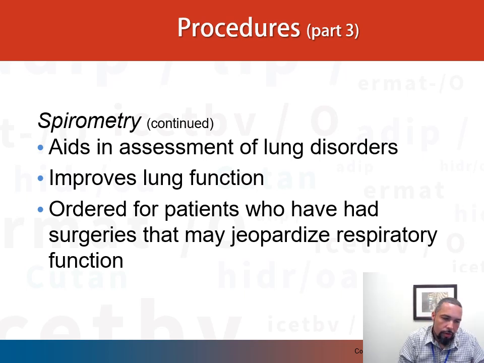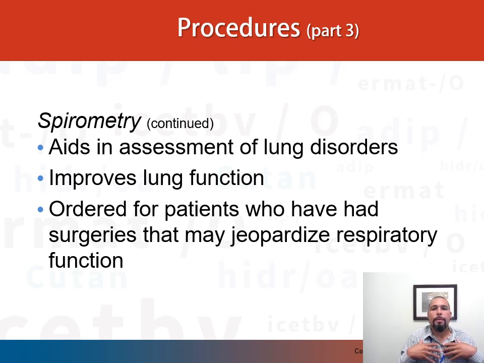So continuing with procedures, specifically spirometry, this procedure helps in assessing and diagnosing certain types of lung disorders, such as when we're trying to rule out or diagnose a patient with asthma. This would be a test that would be beneficial to get the ball rolling towards that diagnosis. It is many times ordered for patients who have had surgeries that may jeopardize respiratory functions.